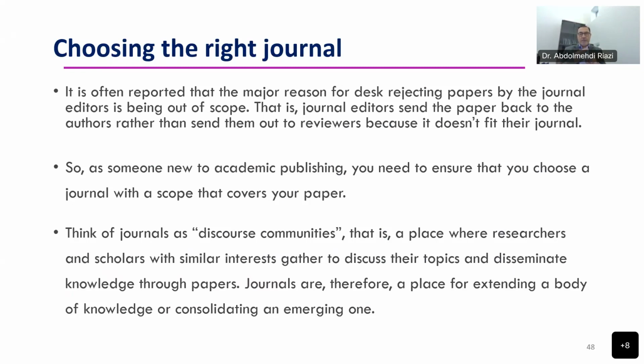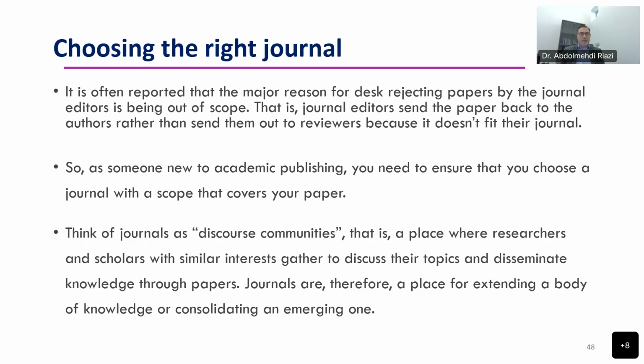So the first point to consider in choosing the right journal is to make sure that the journal is an established and reliable one, and not a fake or predatory type of journal. And number 2 is that we make sure that the paper is within the scope of the journal.